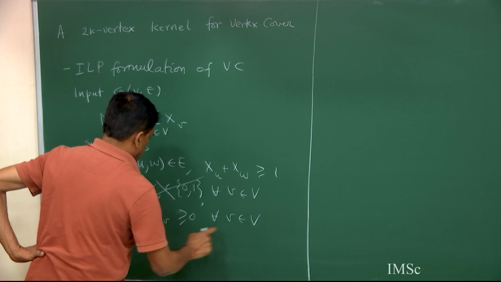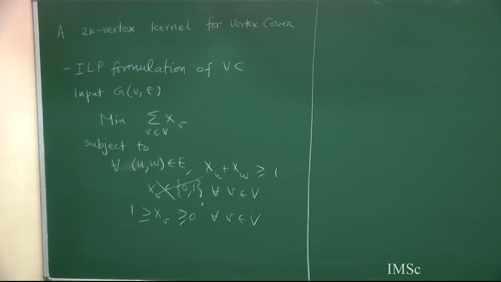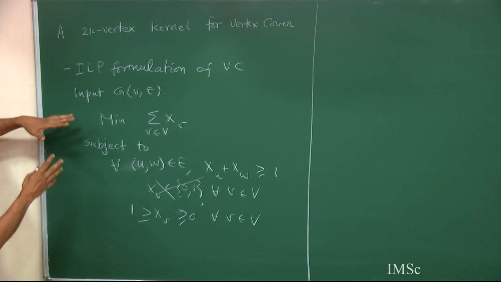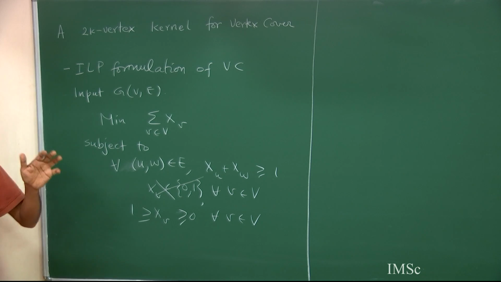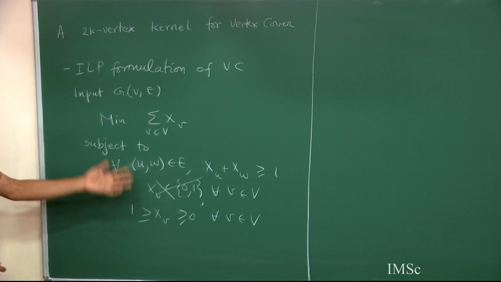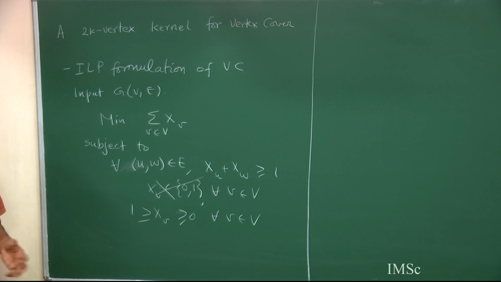It means we are going to allow some fractional values for xv, which we don't know how to interpret for vertex covers. The advantage is that this has become a pure linear program which can be solved in polynomial time. So once you have this linear program, you solve it in polynomial time and you will get these fractions, and we are going to somehow interpret these things.